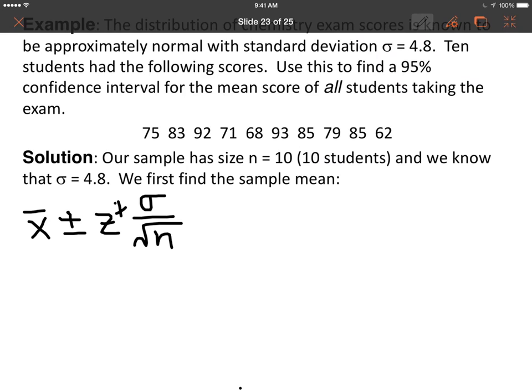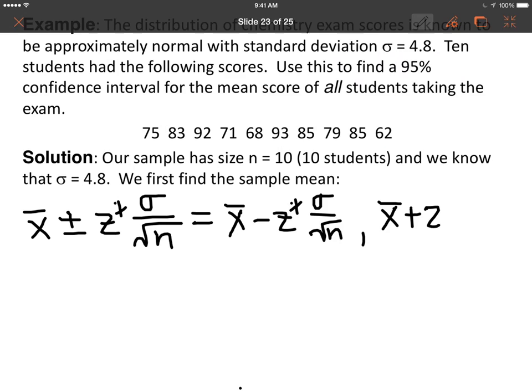And when I write plus or minus, what I mean is I'm going to do the subtraction, and then I'm going to do the addition to get my interval. So I'm actually going to get two values, two endpoints. An interval has two endpoints. So I need to do both those values.